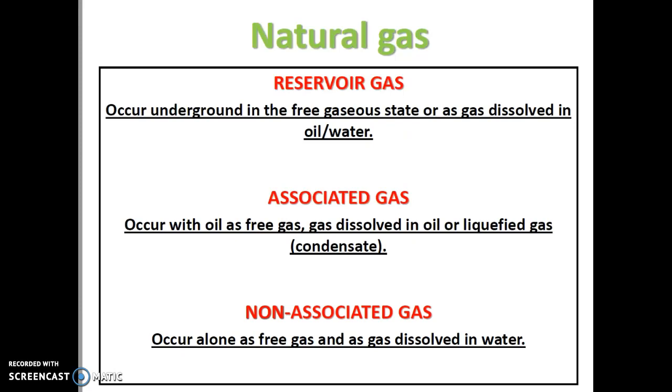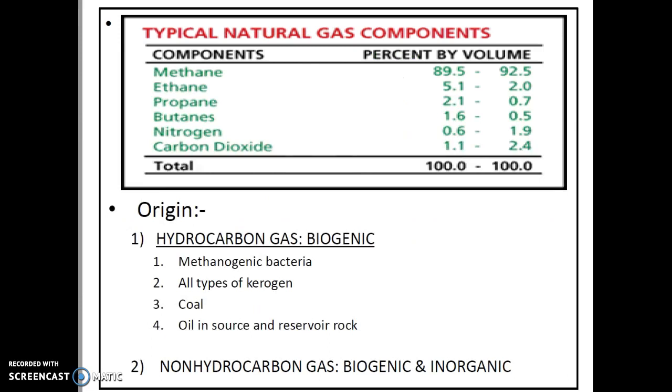As I mentioned in the previous lecture, methane is the simplest hydrocarbon compound, right? Methane has been found abundantly in accumulations of petroleum reservoirs.